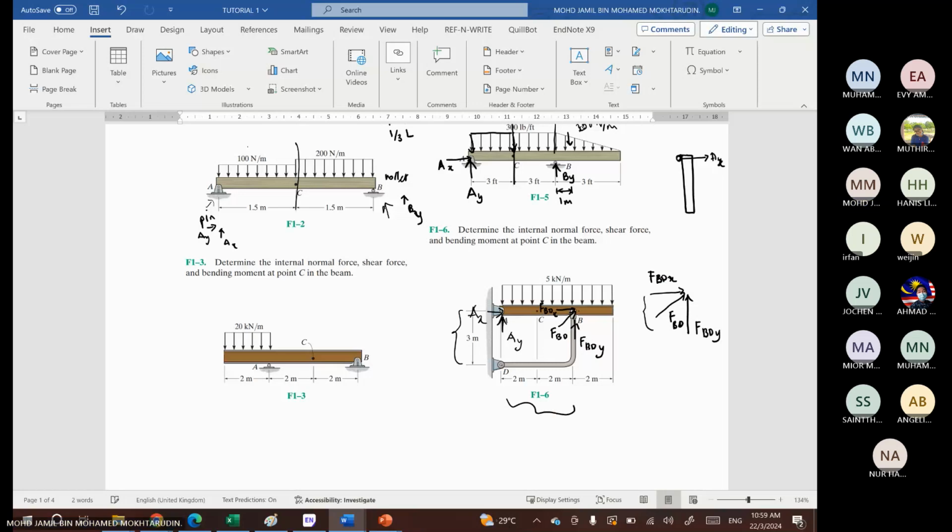So this is 3 meter, 3. So this is 4. So dia triangle yang 3, 4, 5 tu lah. So let's say you define this as theta.